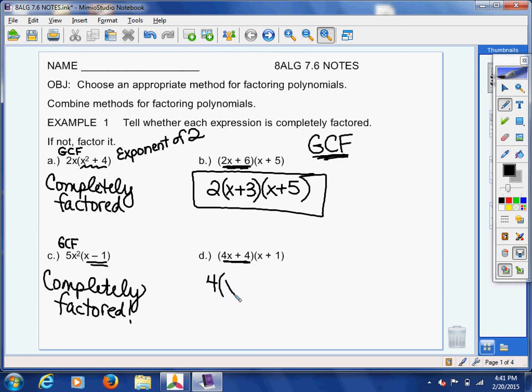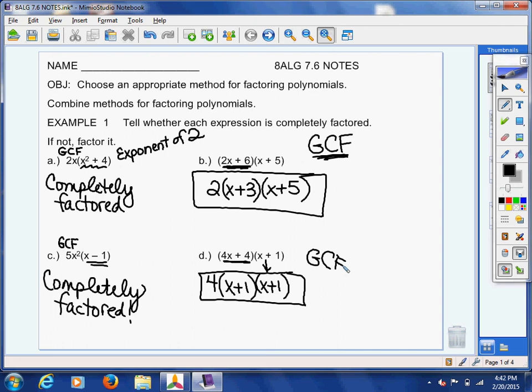That's going to leave me with x plus 1, and then I'm going to drop down that other x plus 1. Now I am fully factored. I pulled out a GCF. There were no squared variables, so I didn't need to worry about factoring a difference of 2 squares or a trinomial. I just needed to look for a GCF in the 2 binomials there.